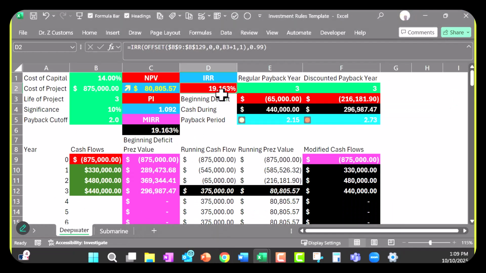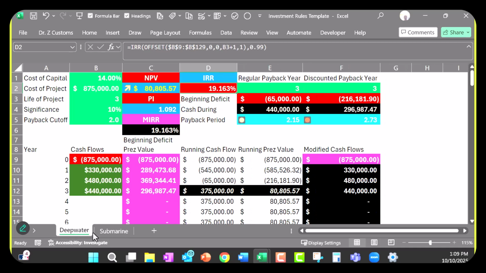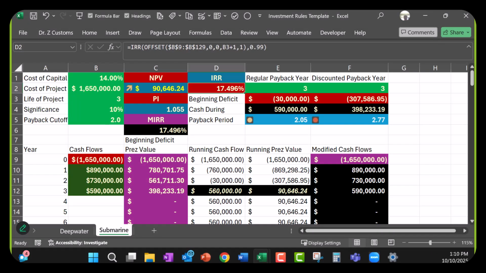Deepwater has an IRR of 19.16. Submarine has an IRR of 17.50 or so. Which one do you think we should choose? Deepwater is 19.16, submarine is 17.50. You should choose Deepwater, because it has higher IRR.